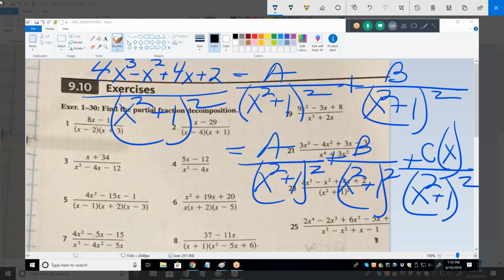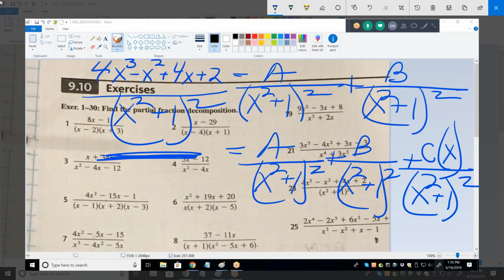It's not clear why we have to do that, but the rules are, if you have a quadratic repeated, a non-repeated irreducible. Notice that x squared plus 1 is irreducible. It does not factor.